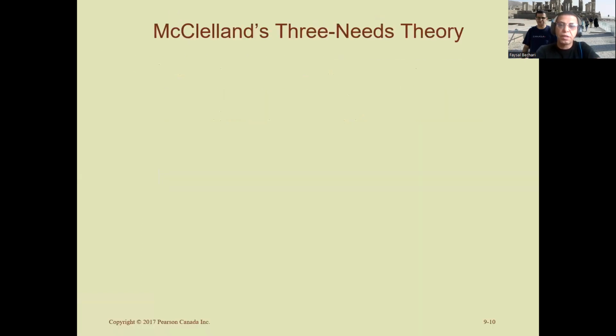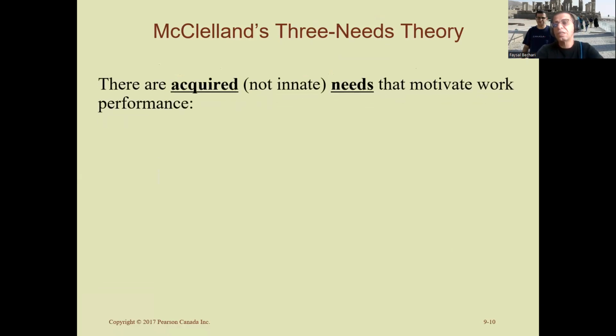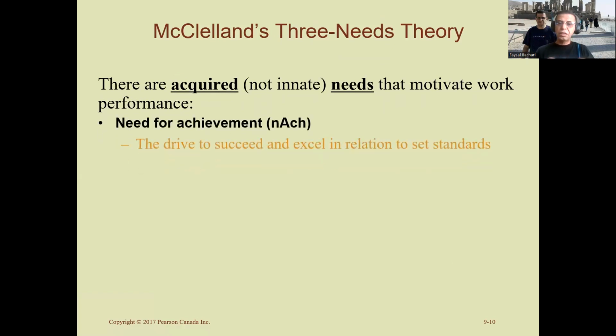And then you have McClelland's three needs theory, and he said they're acquired, not innate. It's acquired needs that motivate work performance. And what are they? Need for achievement: the drive to succeed and excel in relation to a set of standards.